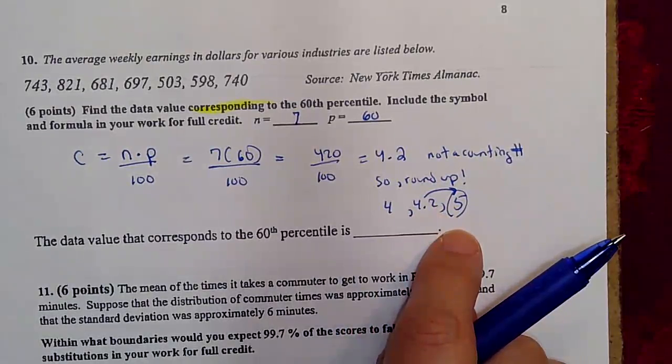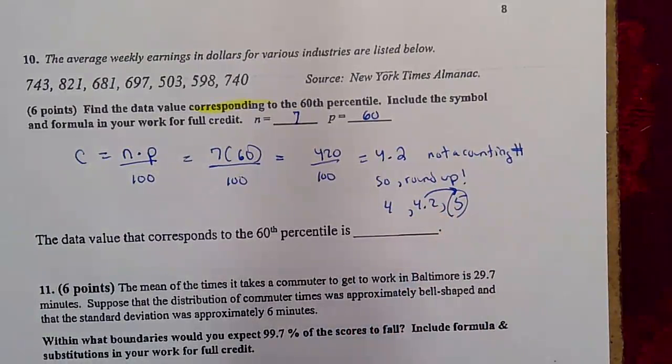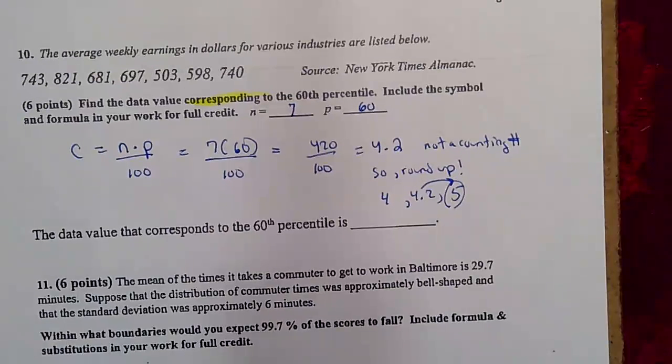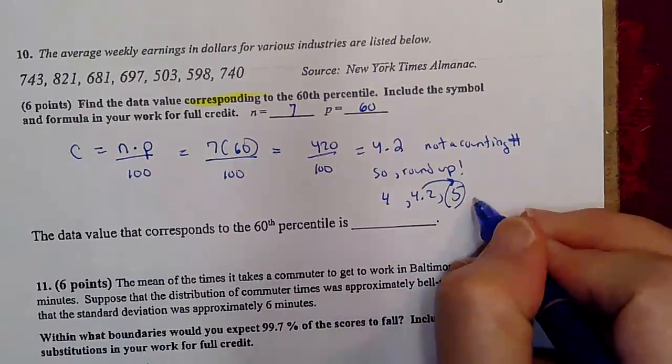That means that when you're finding the percentile, the data value that corresponds to the 60th percentile, you want to list your data from smallest to largest, and you want the data value that's in the fifth position.